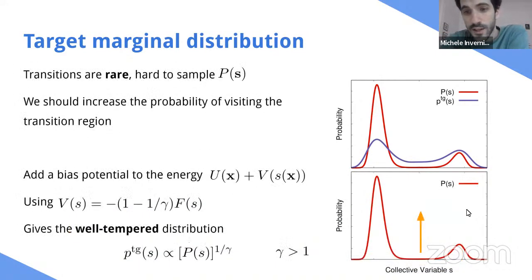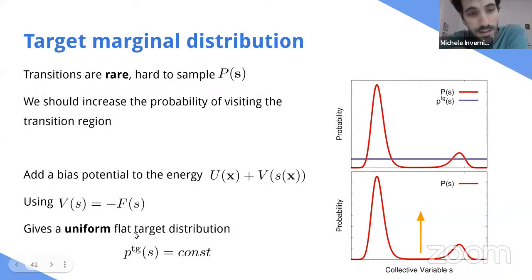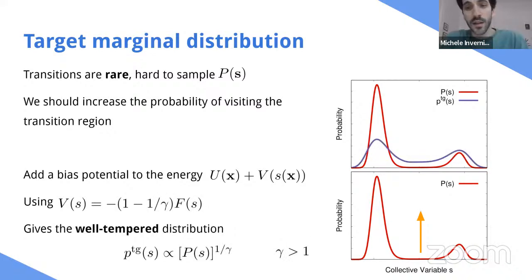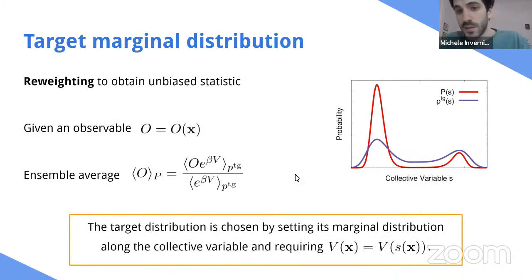If you think about it, if I just ask the target distribution to be flat along not only this collective variable, but all the degrees of freedom of the configuration space, then I would have no energy barriers, but my target distribution would be useless, because the efficiency of the reweighting would be zero, because I would never sample relevant configurations. By choosing instead one or a few collective variables, I can do this in a much more efficient way.